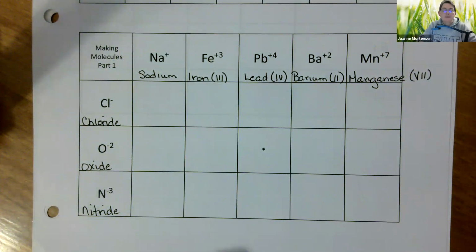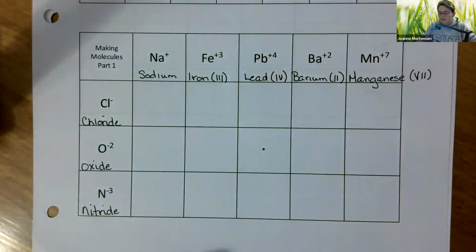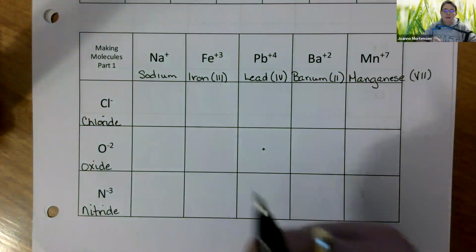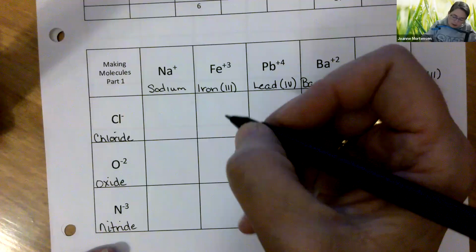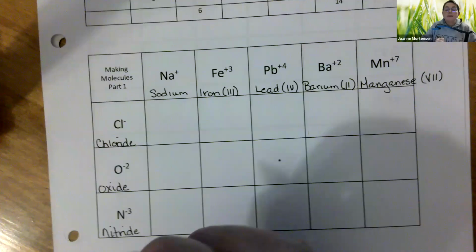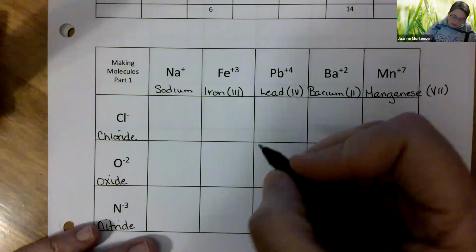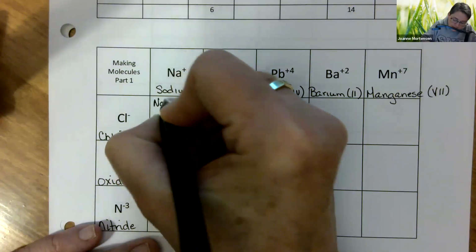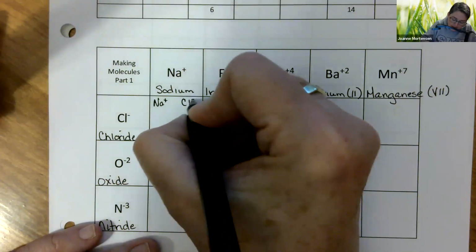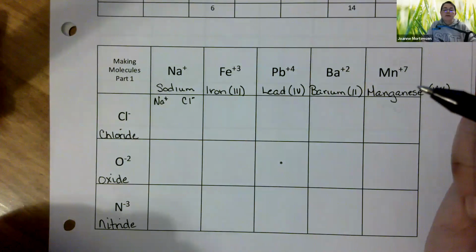Now, as I'm going through this, I'm going to use our handy dandy little chippies, our paper cutouts, just as a support for how to cross charges. So in your little box, it's like a multiplication table. And you should remember, the positive part always goes first. So I'm going to put Na plus, Cl minus. All I'm doing is just putting those in the box so I know what I'm working with.